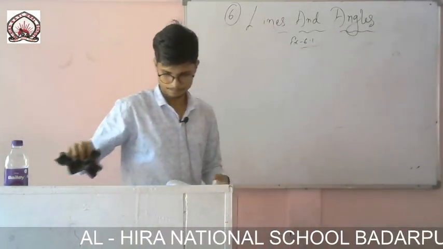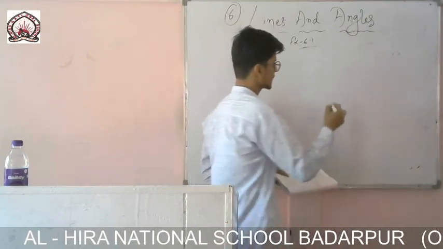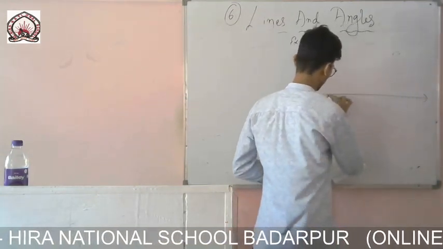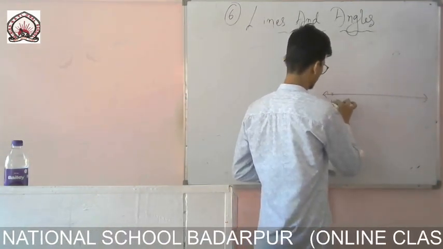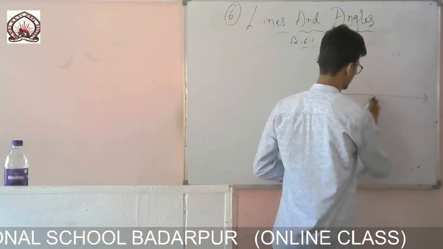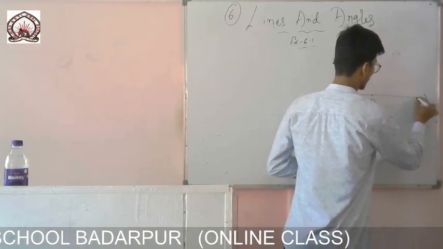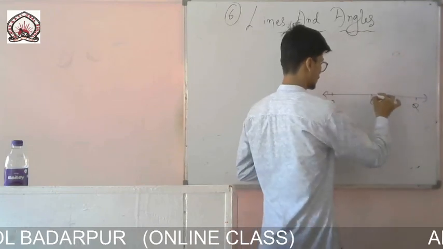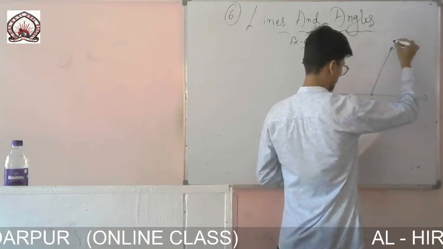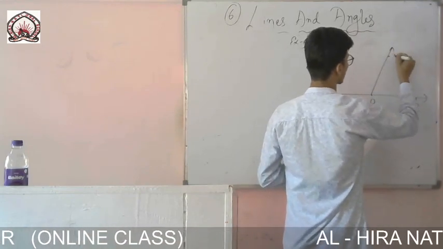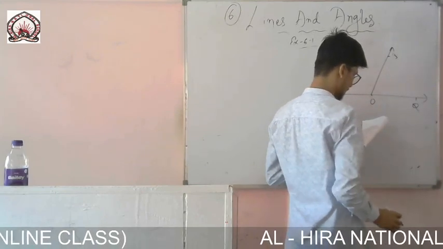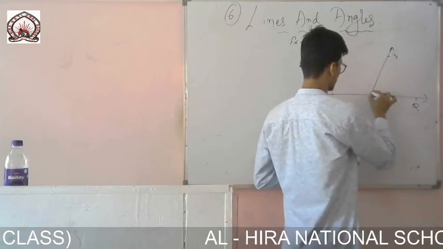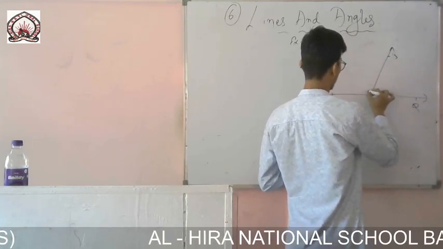Okay, you see the figure here. POQ, one line is given. One line is given OS, another ray it is given OR.